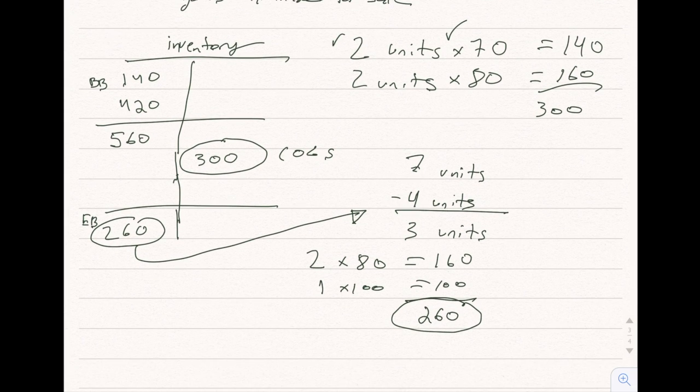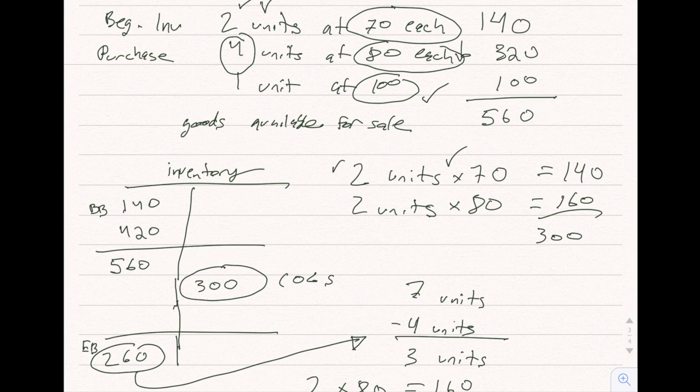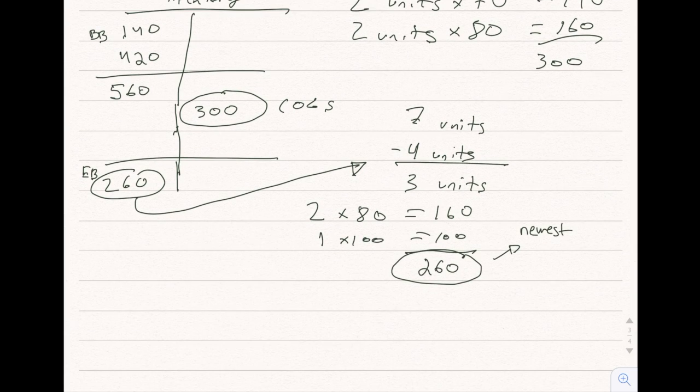So this represents your ending balance, and the newest unit costs, the ones that were added the latest through the purchases, some at 80 and then 1 at 100, those apply to the ending balance.